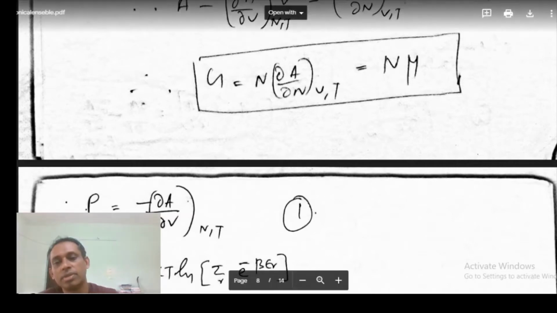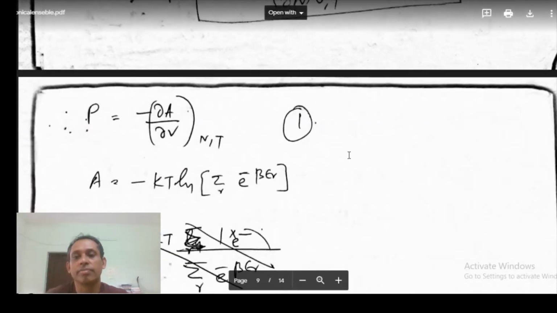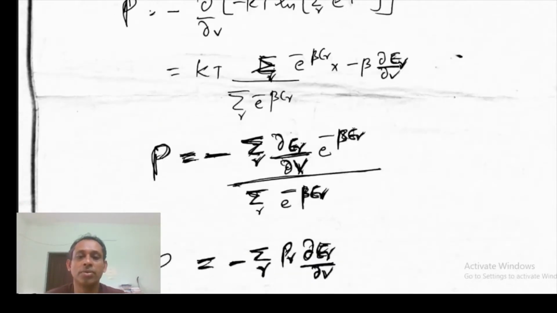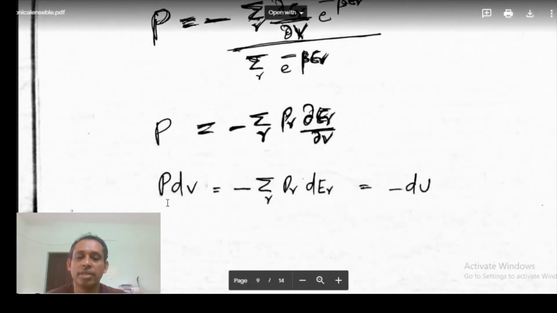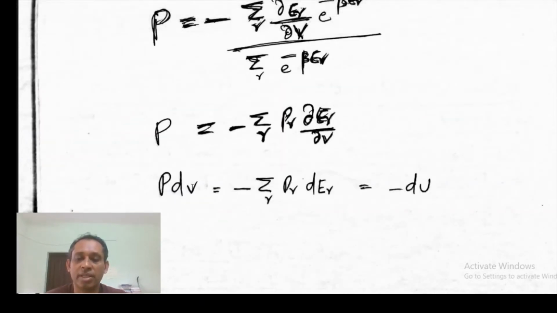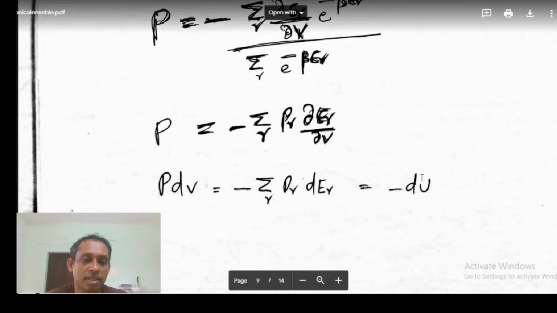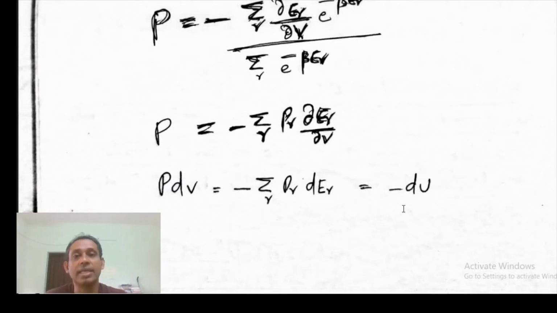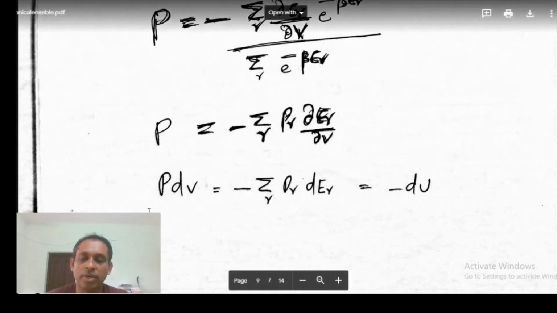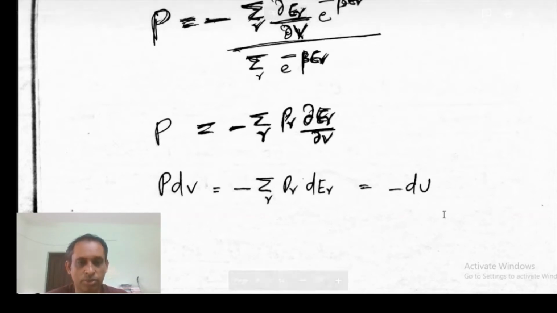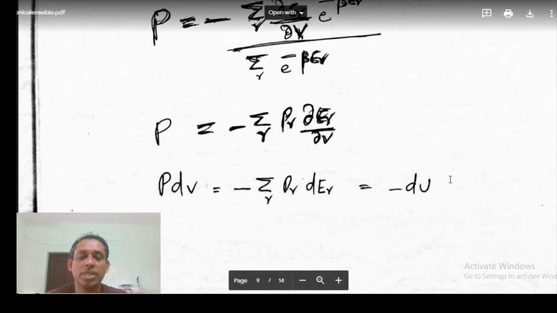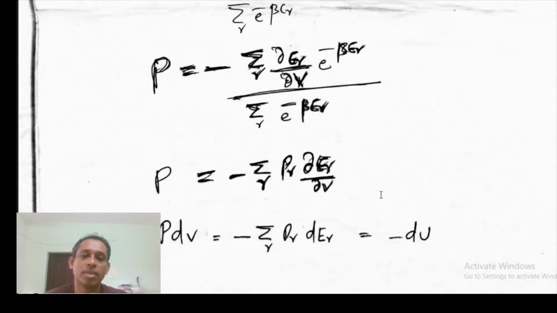Now we are going to see a relation between PdV, the pressure and the volume change, which is equal to the negative change of the mean energy. We arrive at the relation PdV equal to minus dU.